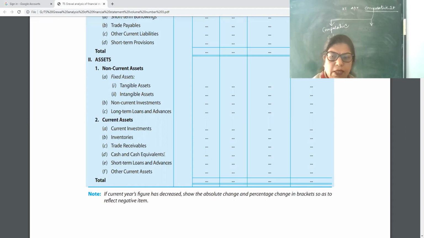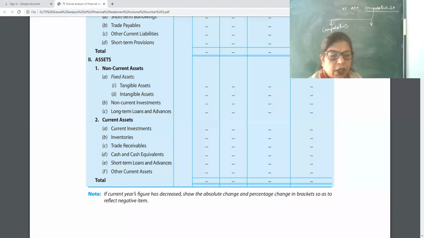Cash equivalent means easily convertible into cash, like marketable securities, bank balance, short-term loans and advances, and other current assets. Other current assets means prepaid expenses, accrued income. Total. Here the total with the double line shows that the asset side of the balance sheet is also complete.